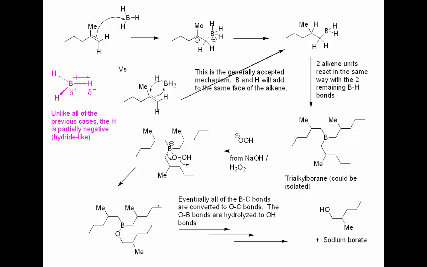Okay, here's the mechanism. It's kind of elaborate. I don't think I would ask to repeat this mechanism on the exam, but let's just look at it and see what goes on here.